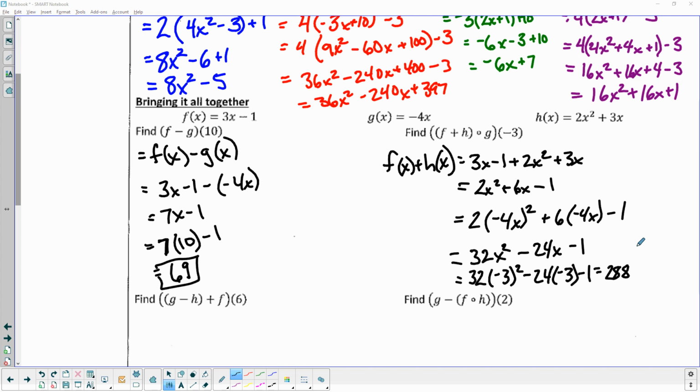That's going to be a negative 72. So negative 24, negative 72, or yeah, whatever. That's going to be a positive 72 in the long run. And then I have minus 1. Just to double check, 288 plus 72 is 360, so I have 359.